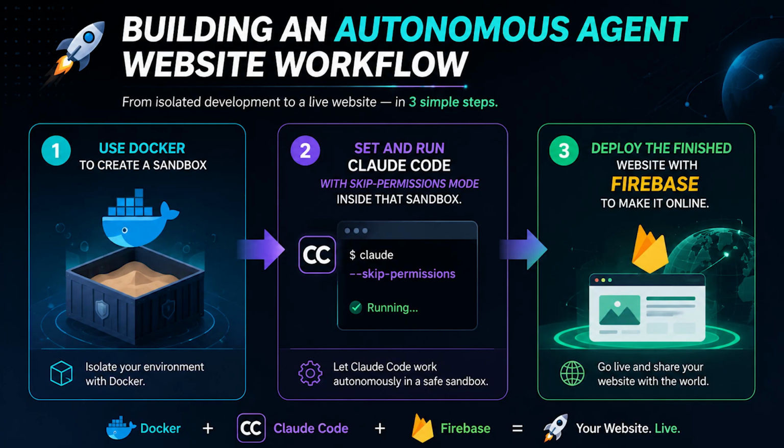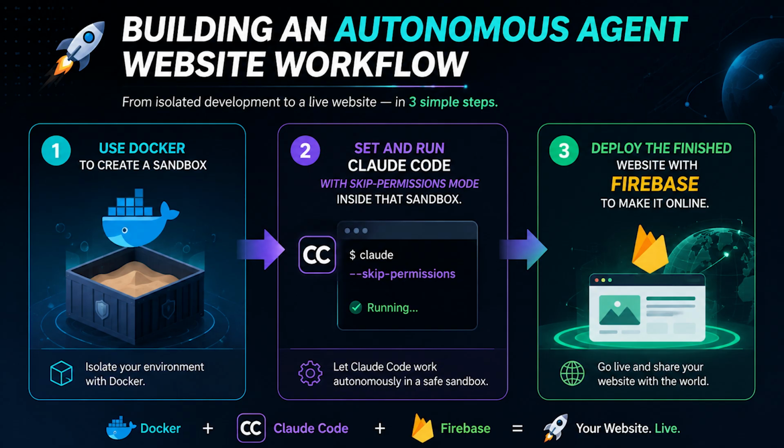Now we have the full automated website building workflows. Let's quickly recap what you have learned from this video. First, use Docker to create a sandbox. Second, set and run Cloud Code with skip permission mode inside the sandbox.